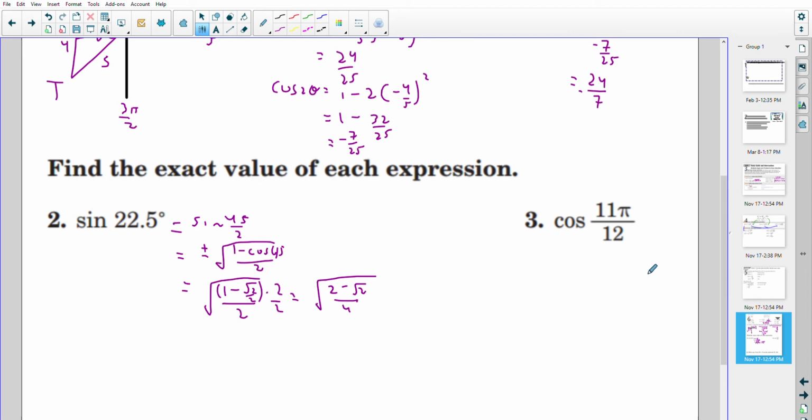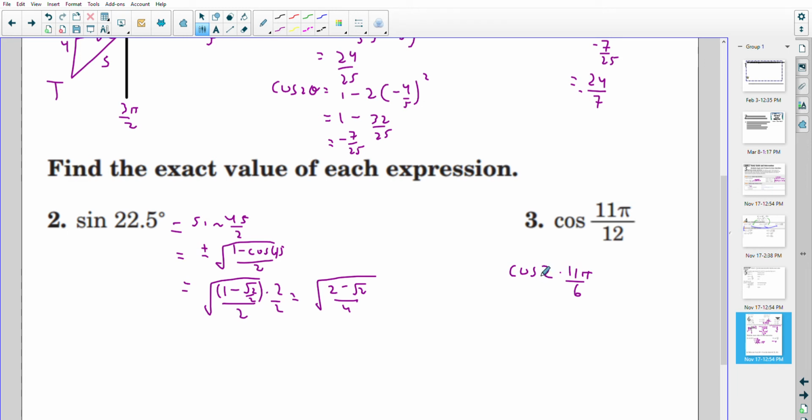Basically, you would do the same idea here, but this right here, 11 pi over 12, you could rewrite that as 11 pi over 6 times 1/2.